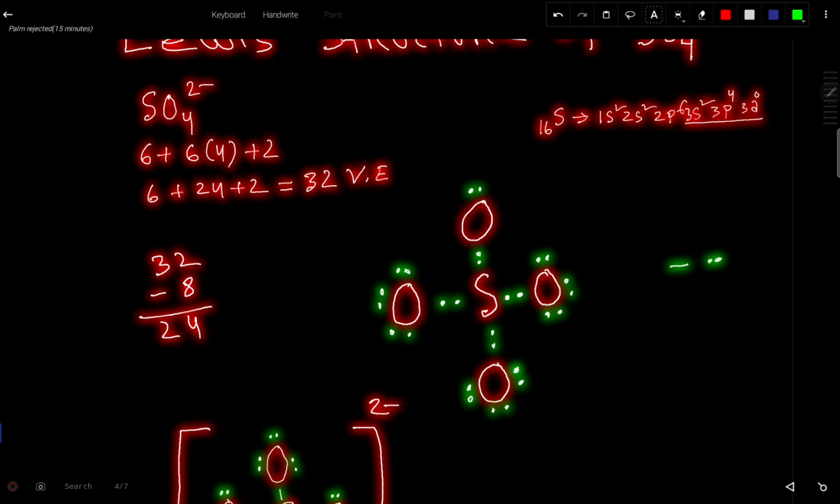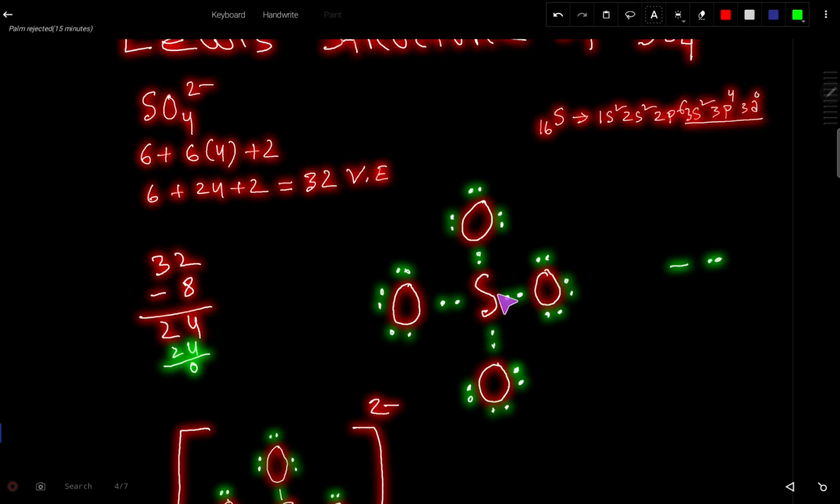This oxygen also will take 6 valence electrons, that is 24. So we have used all the valence electrons in this structure, right? Now this oxygen has 8 valence electrons, this oxygen also has 8, this oxygen also has 8 valence electrons, and this sulfur also has 8 valence electrons.